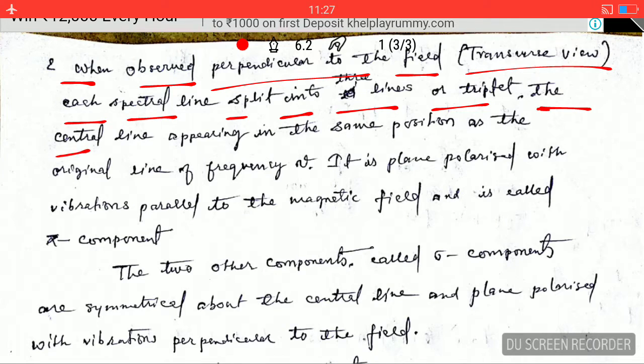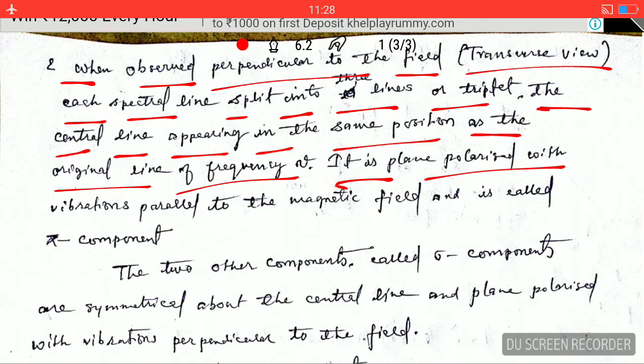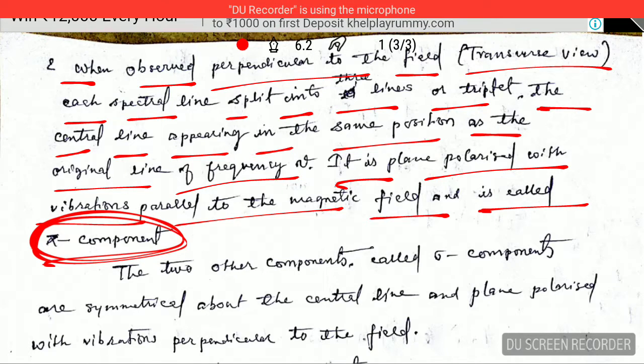The central line appears in the same position as the original line of frequency nu. It is plane polarized with vibration parallel to the magnetic field and is called the pi component. It is important for you to remember this pi component, this symbol pi.